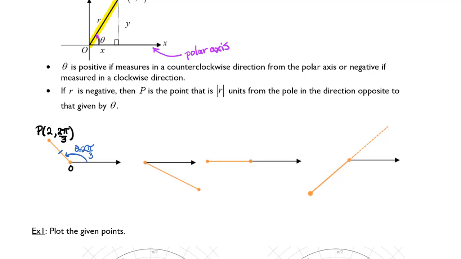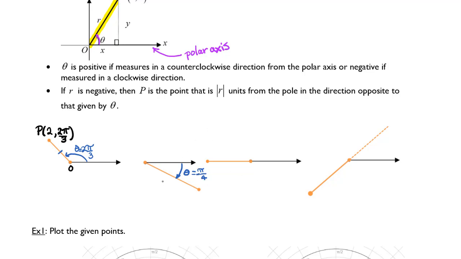Now the next one, we have an angle that is going clockwise from the polar axis, and it looks like it's about pi over 4. And so since it's going clockwise, I'm going to put a negative sign in front.